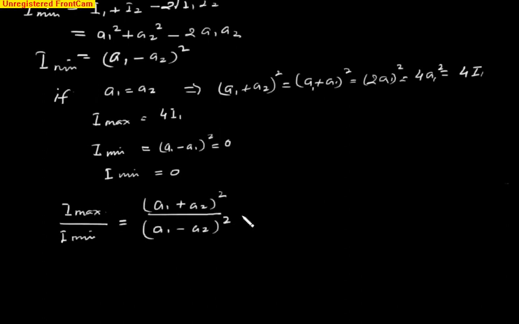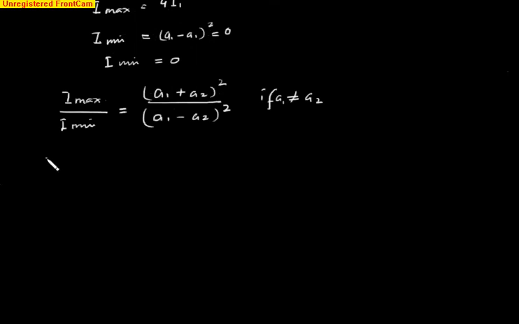Means if A1 is not equal to A2, then in that case we will get the intensity distribution in the band like this.